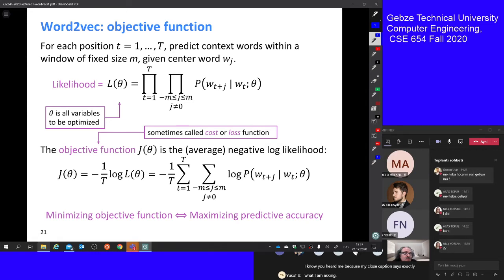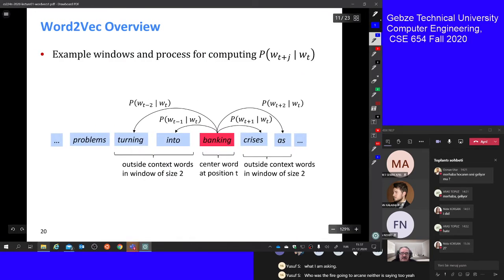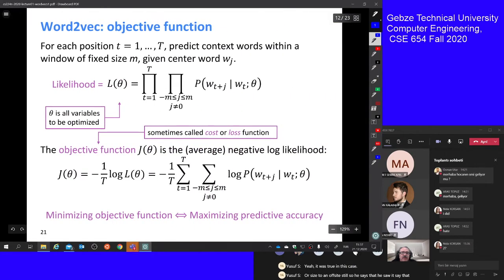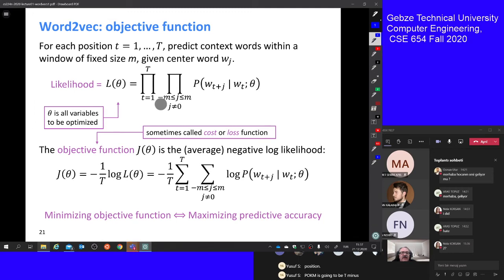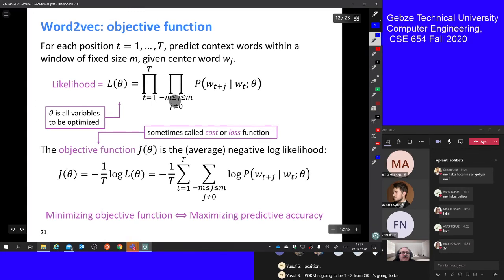Mustafa, are you going to? Okay, Nida is saying 2. Yeah, it was 2 in this case, of size 2. So for position t, j is going to change from t minus 2 to t plus 2.